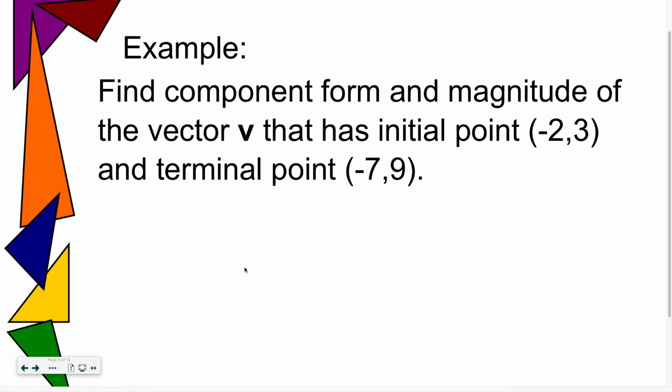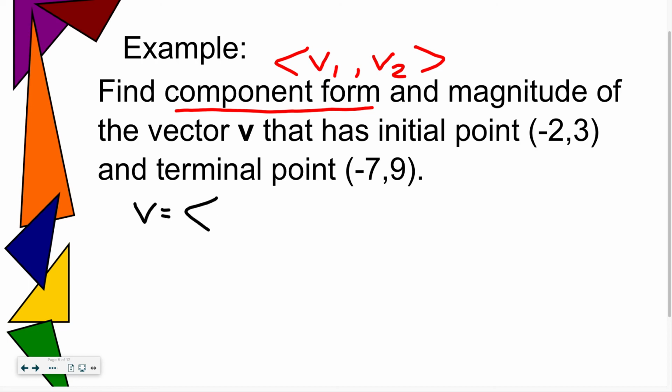Terminal minus initial up there. When you're asked to write something in component form, remember you're looking for two specific components, horizontal and vertical. In order to get them, I'm going to do terminal minus initial.